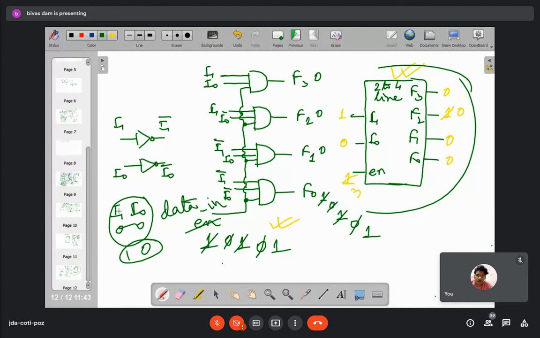This data input is one single input data channel. There are 4 possible output channels. Now this single data input channel will get connected to one of the 4 output channels depending upon the availability of the 4 possible control input patterns.